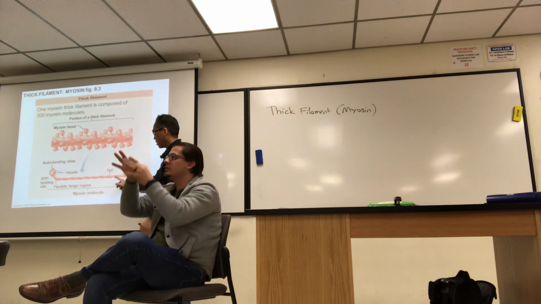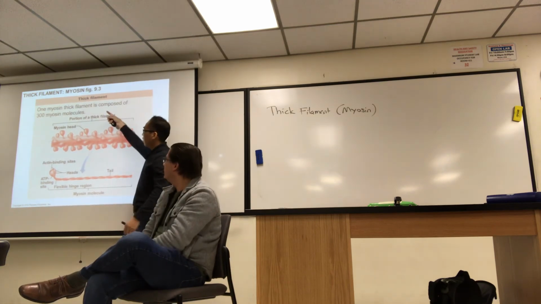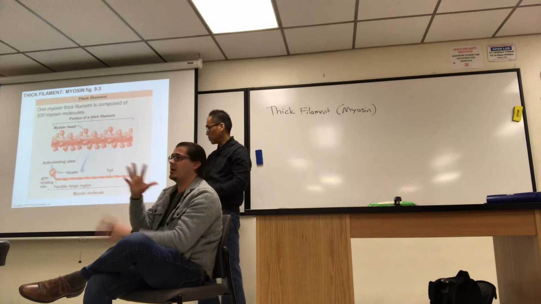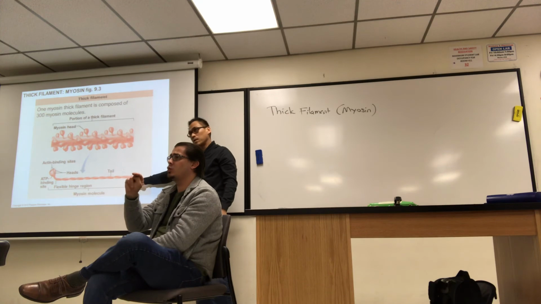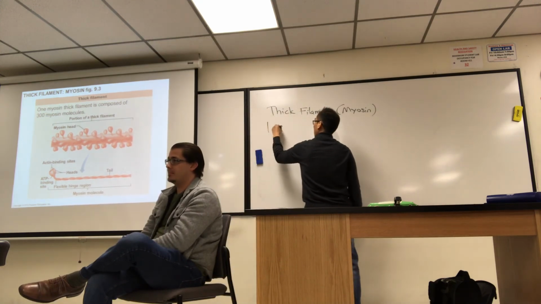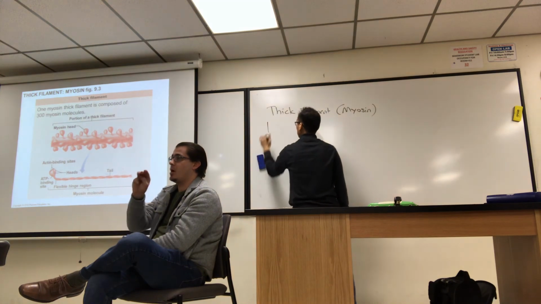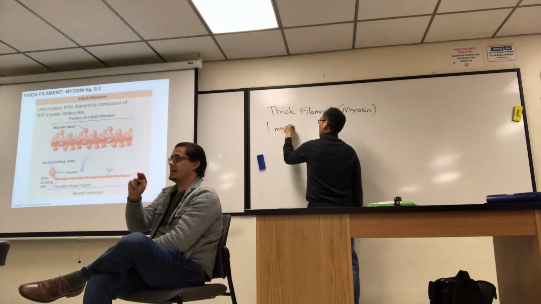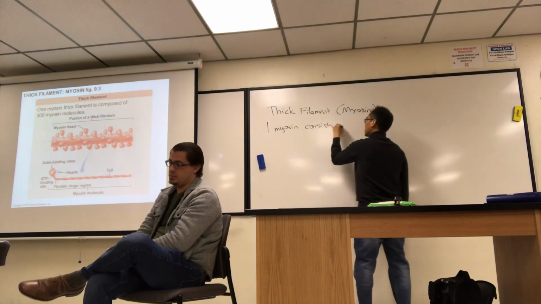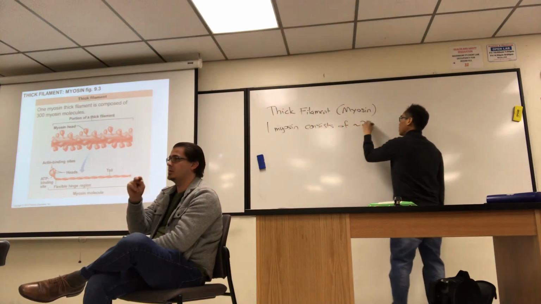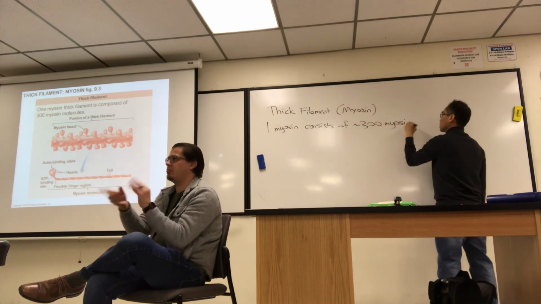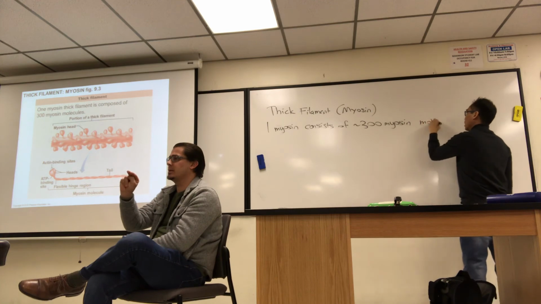Basically that is, well, read this. One myosin thick filament is composed of 300 myosin molecules. That's what you got there. There's 300 of these. One myosin consists of about 300 myosin molecules.